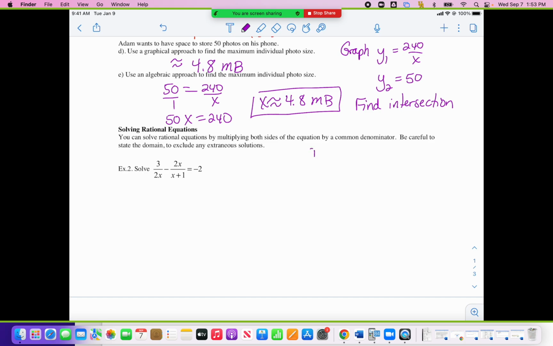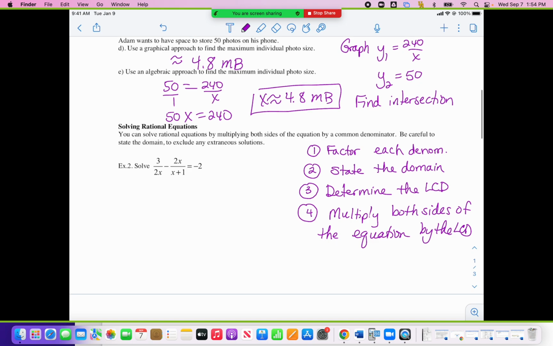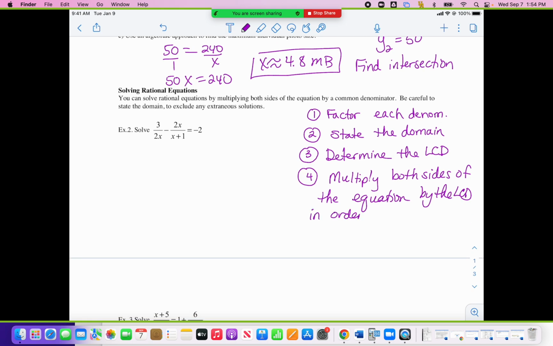So when you want to solve a rational equation, factor each denominator, state the domain, determine the LCD, multiply both sides of the equation by the LCD in order to clear the fractions.